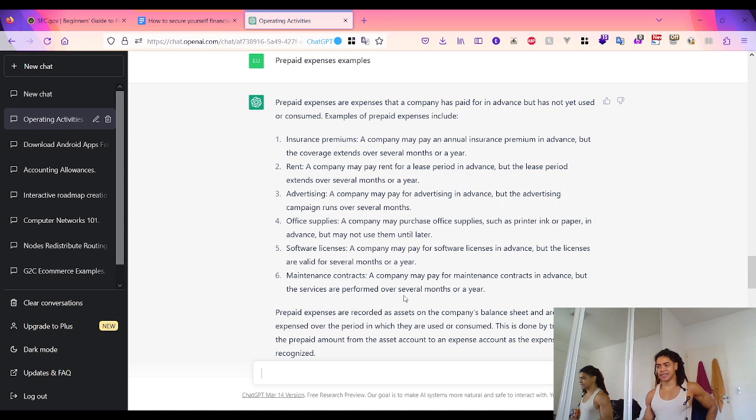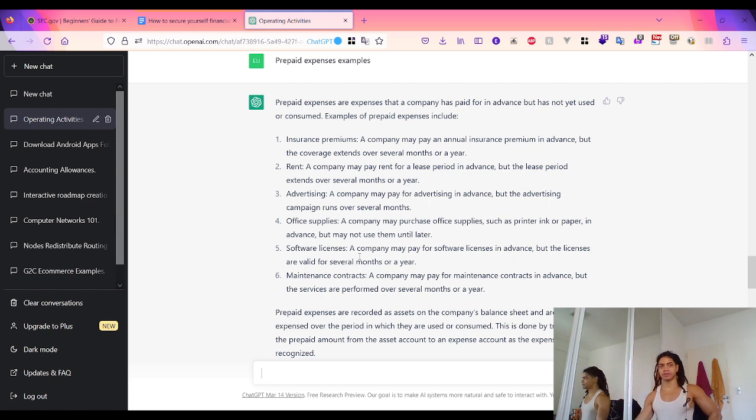A maintenance contract, a company may pay for in advance, but the services are performed over several months or a year. Again, all of these are operating assets that allow the company to support its operations.